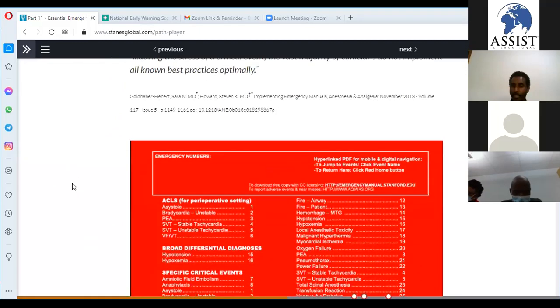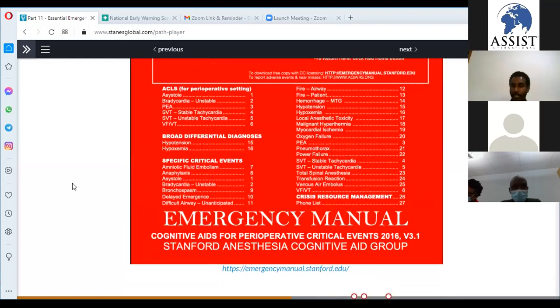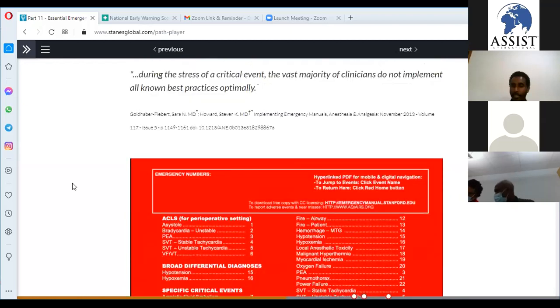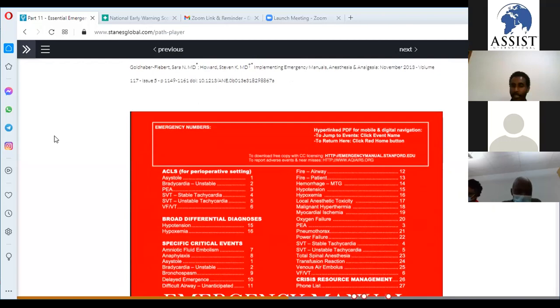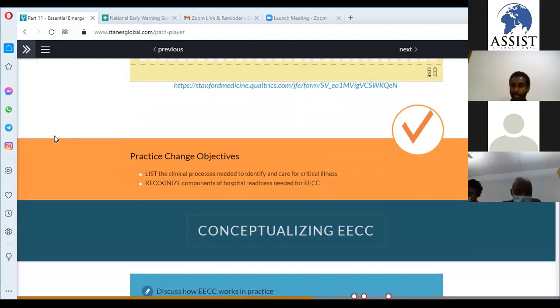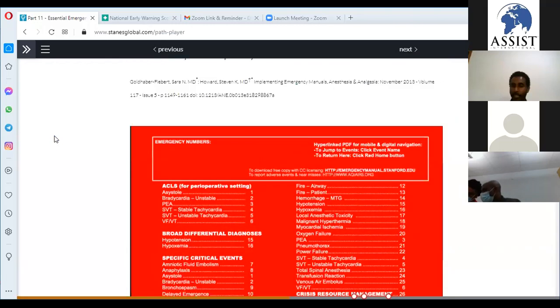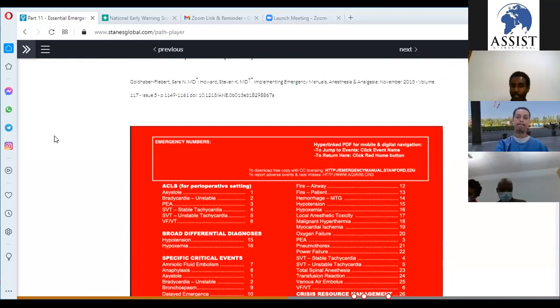You can prepare it in a short form and put it in your working place, either on the board or on the tables, so that it can remind you in times of stress due to unexpected critical events. So these are examples of cognitive aids. Cognitive aids are something that will help you remember what to do in times of critical incident.